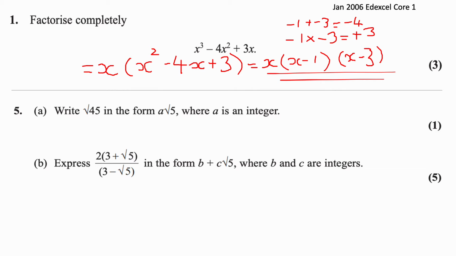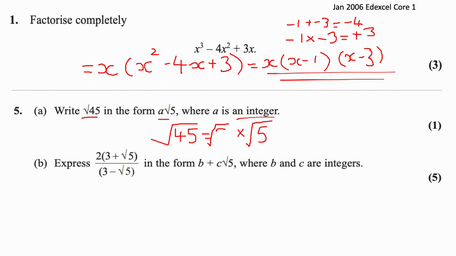Question number 5a, write the square root of 45 in the form a root 5 where a is an integer, so it's simplifying surds. So root 45 is equal to root 9 times root 5. A little clue here, because it's in the form a root 5, one of the numbers inside the square root symbol has to be a 5. 5 times what is 45?